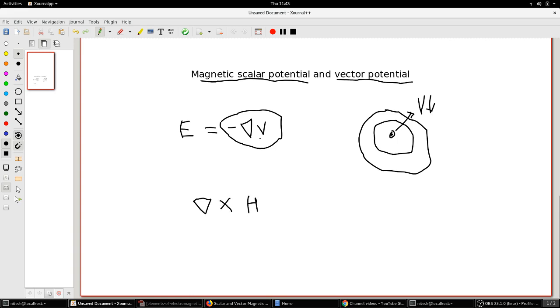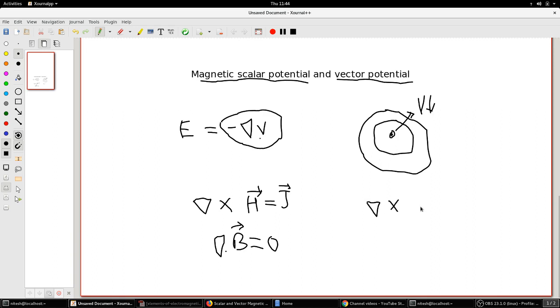We have these Maxwell's equations: del cross H is equal to J, and another Maxwell's equation, del dot B is equal to 0. Okay, these are the two equations which we have with us.